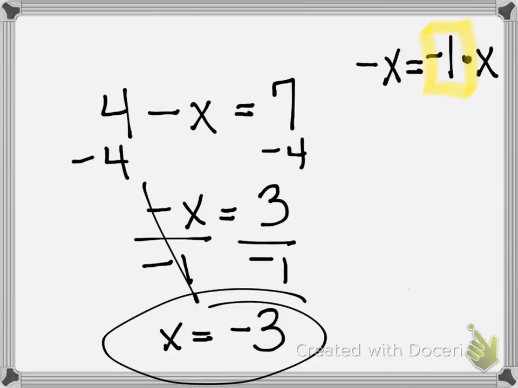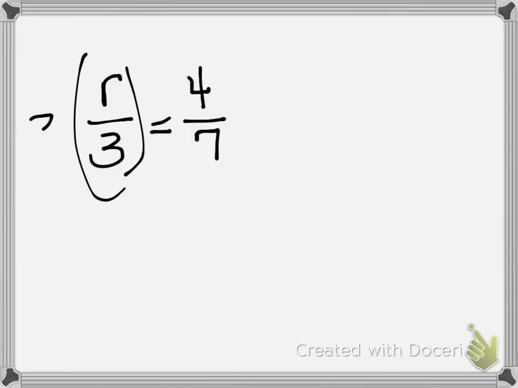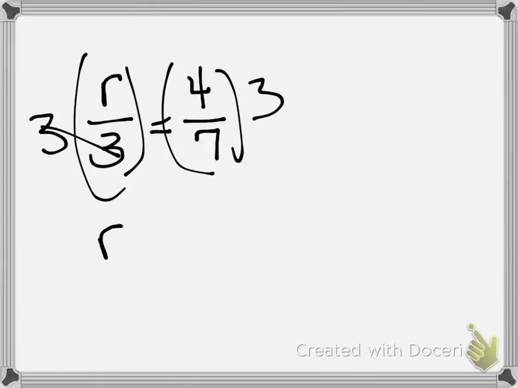Now sometimes we will have two fractions. So if we had r over 3 equals 4 over 7, to get r by itself, you will multiply both sides by 3. They will cancel. So r will equal 4 over 7 times 3. And we've done multiplication of fractions.